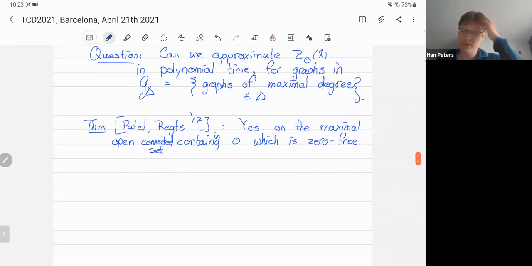So this already relates the approximation to the zero sets of a family of polynomials.